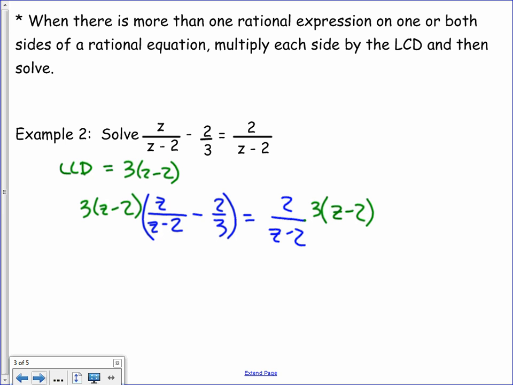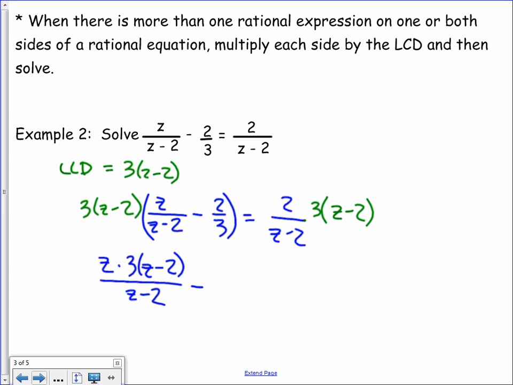When we simplify that, we have z times 3 times z minus 2 over z minus 2. That's that first part.